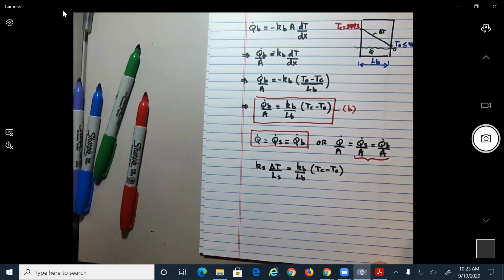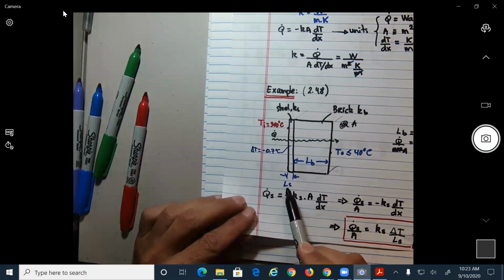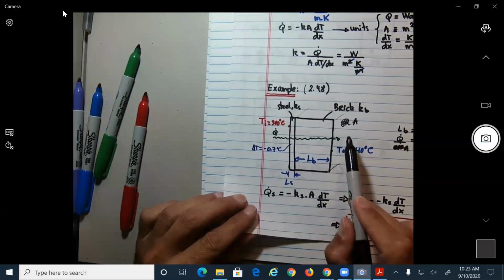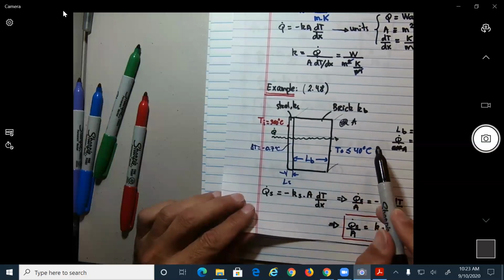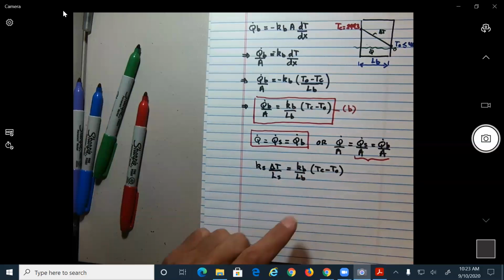Okay? And over here, let's not forget, K_S is given to us. This delta T over here is given to us. L sub S is given to us. I did not write it down, but it's given to us. All these temperatures are known. So the only unknown over here is L_B. So we can go and solve for L_B.